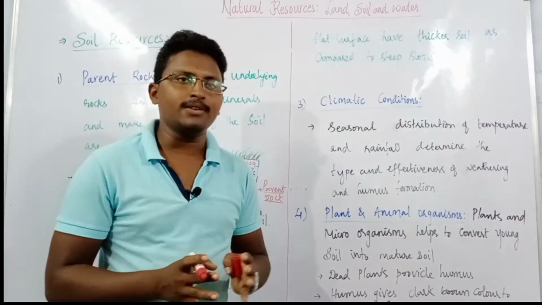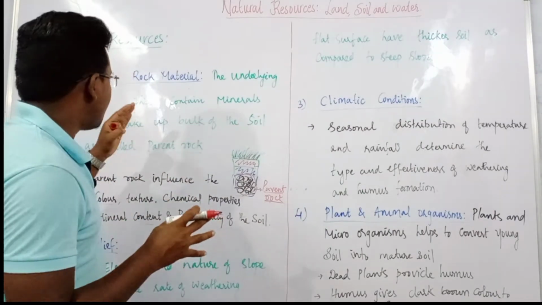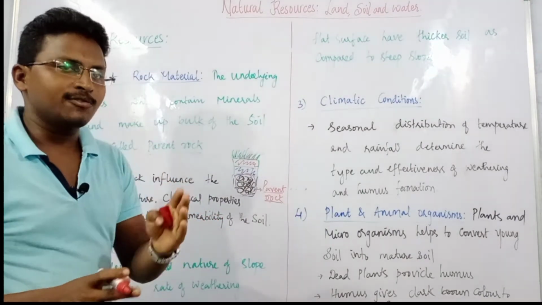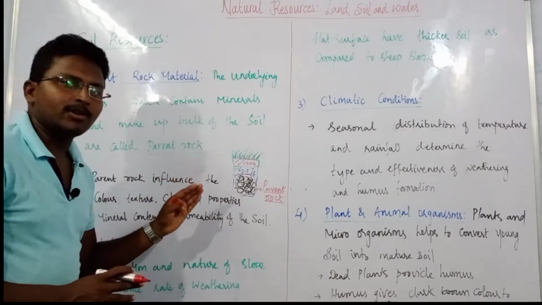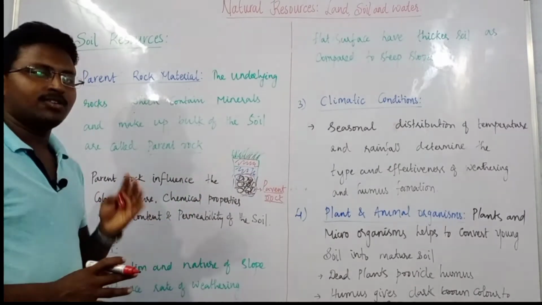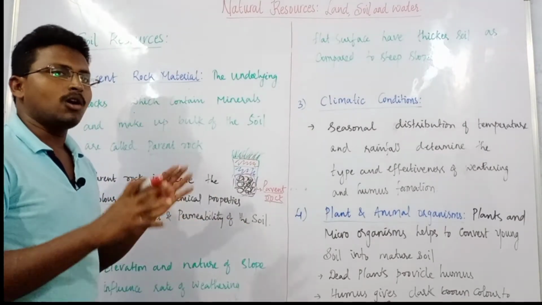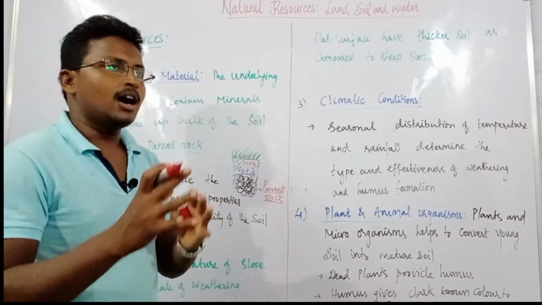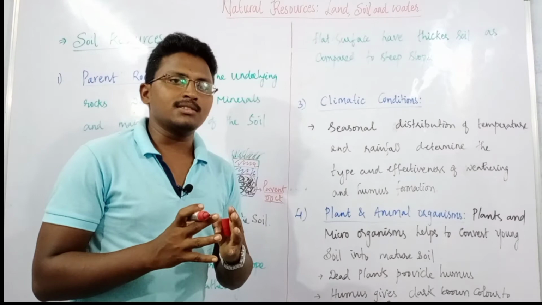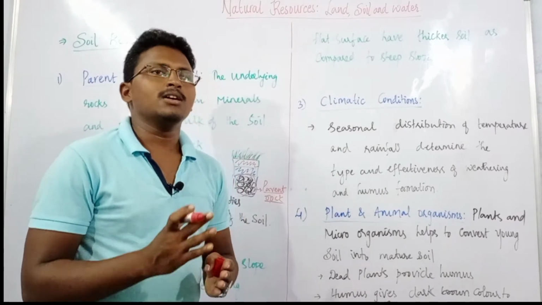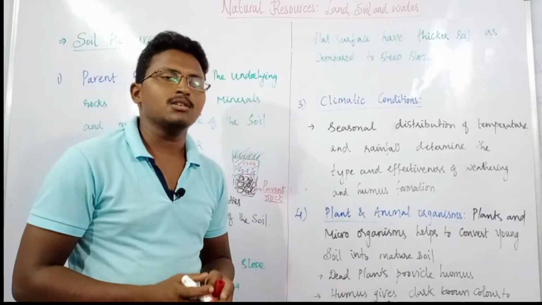So once again, parent rock influences mainly the color, texture, chemical properties, mineral content, what type of minerals are present, as well as permeability of the soil. This is one of the very important roles played by parent rock in the formation of soil.